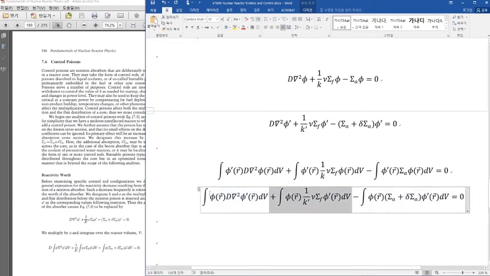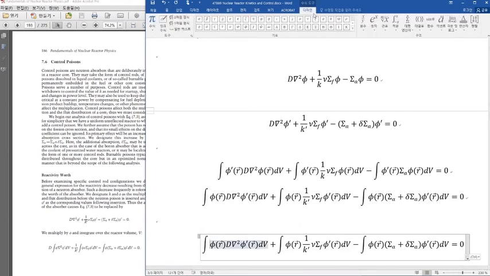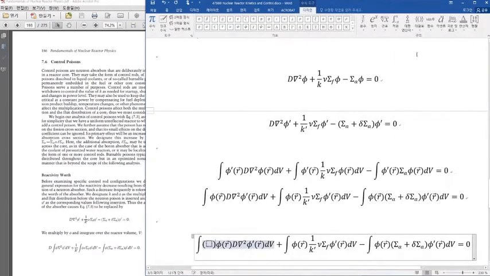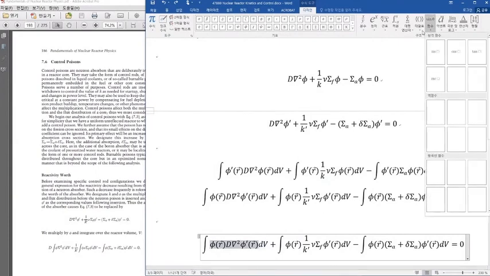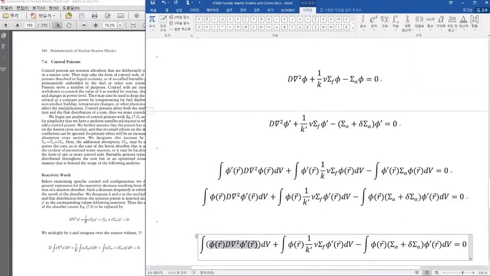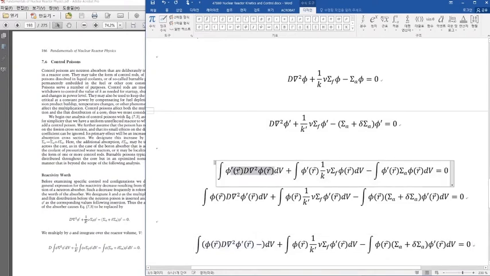So in that case, what will remain is this minus the term here.